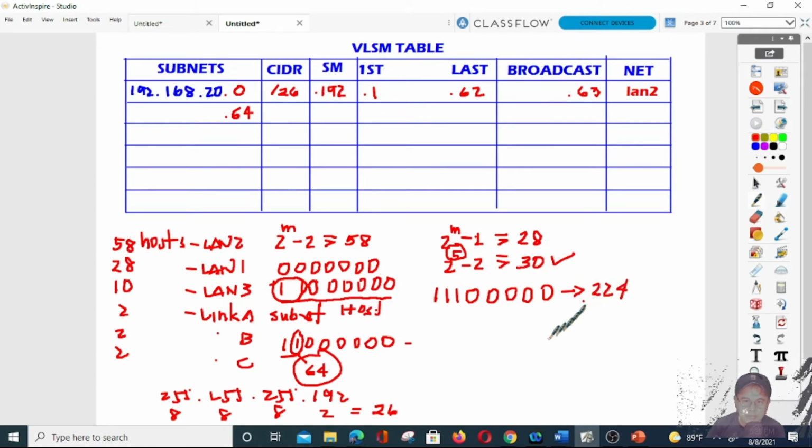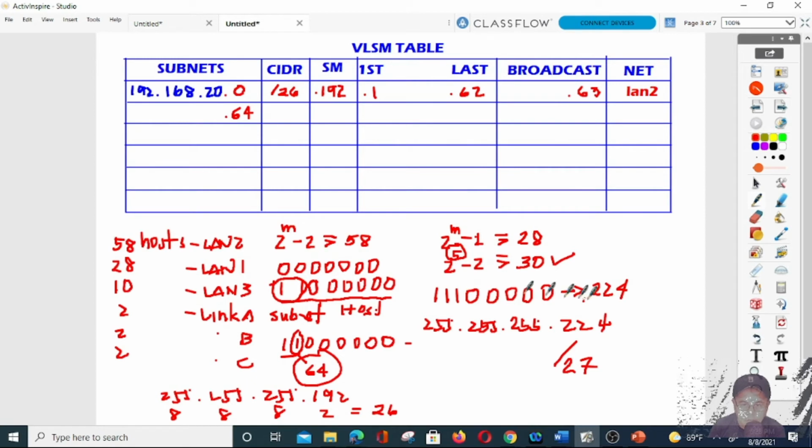Our new subnet mask will be 255.255.255.224. And the CIDR notation for this is 24 plus 3, 27. So our CIDR here is 27.